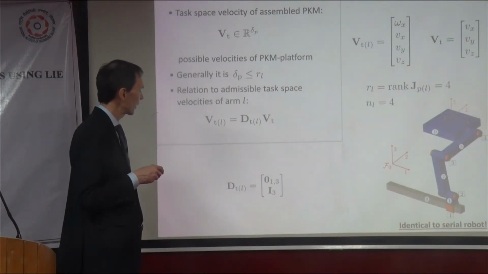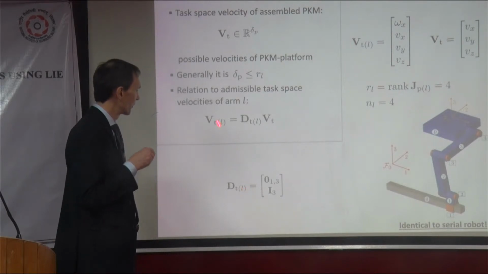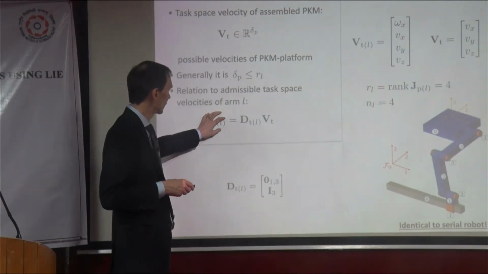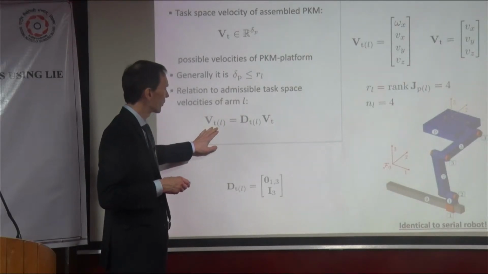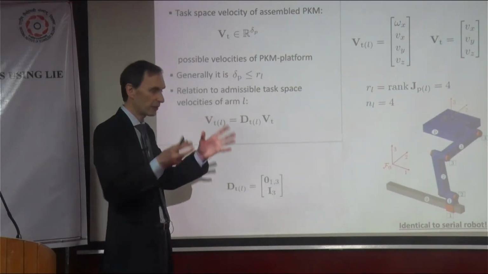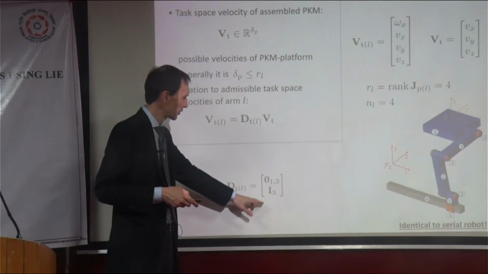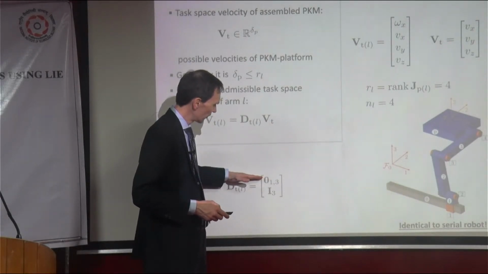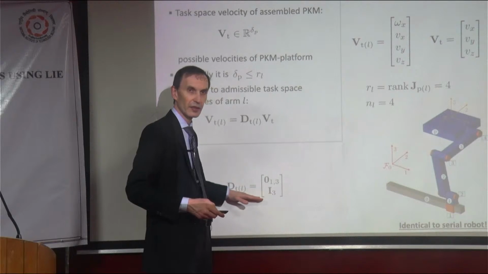Now, what we're saying here is the admissible task space velocity of the limb is then obtained from the task space velocity of the PKM by just using that matrix. What does it do? You have a 0 column, 3 zeros, and then we have the 3 identity matrix.